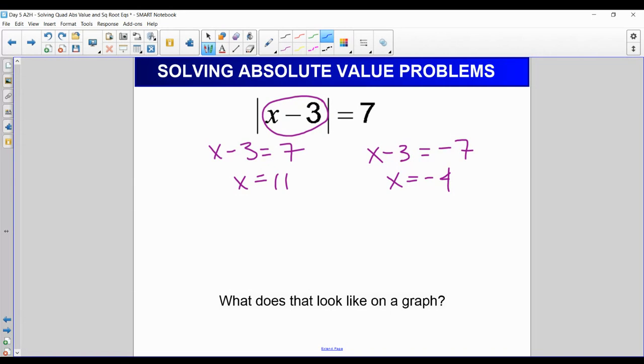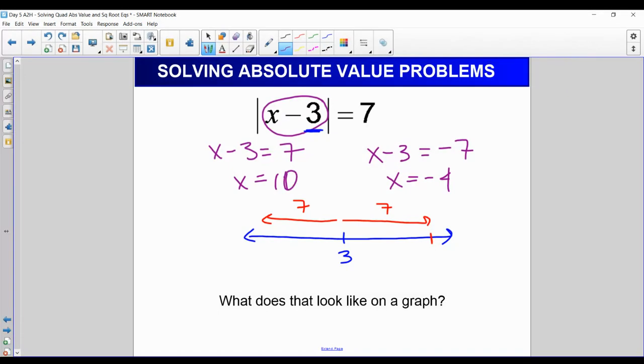Well, I'm starting at 3, and this is saying that if I go 7 in either direction, if I go in the positive direction, I'm going to get 10. And if I go in the other direction, I'm going to get negative 4.